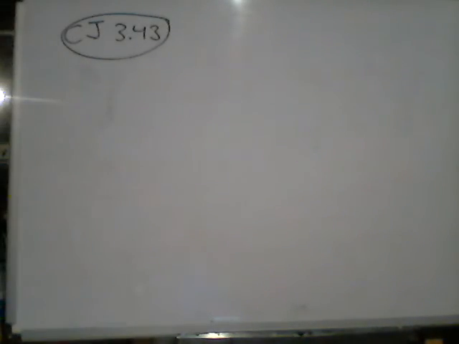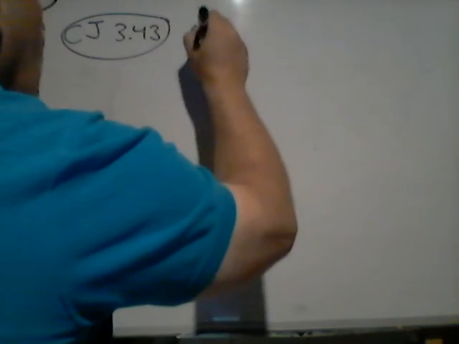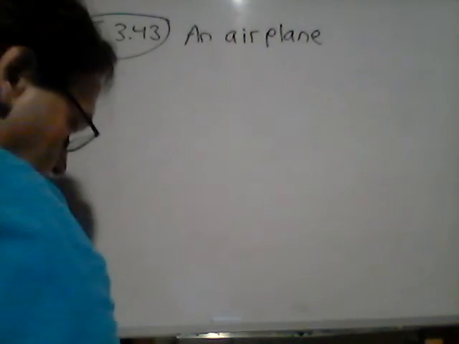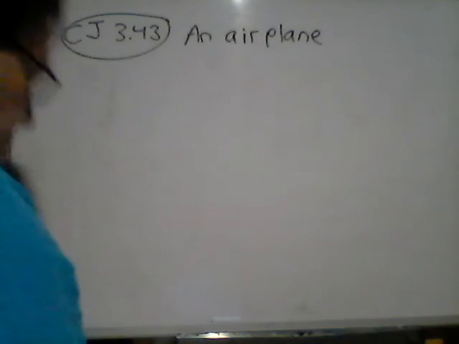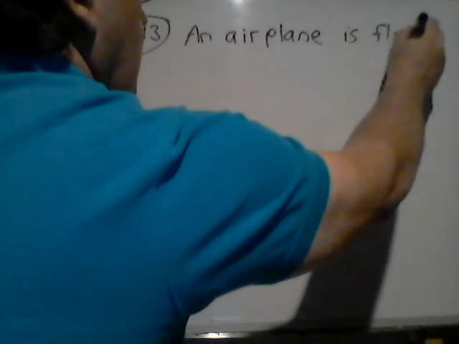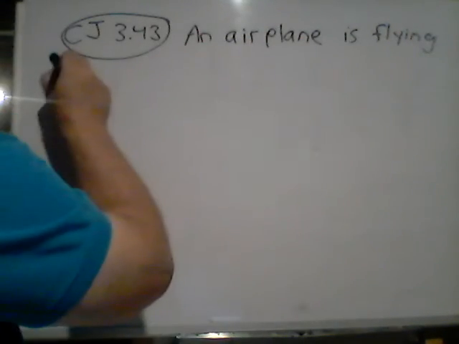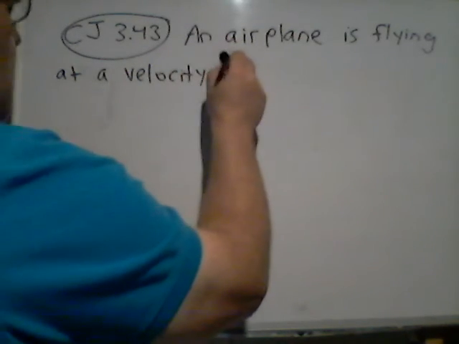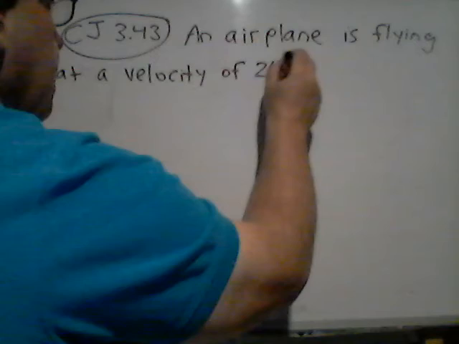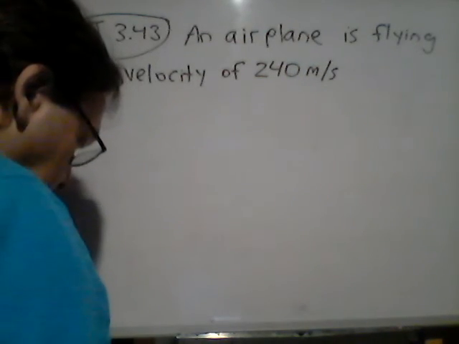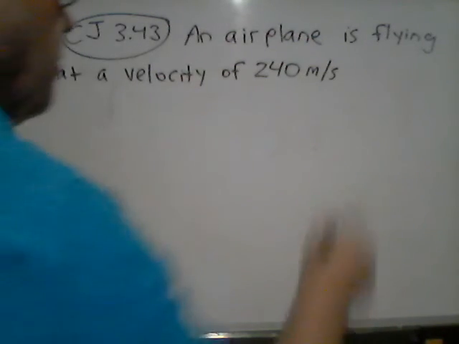That one says an airplane is flying with a velocity of 240 meters per second at an angle of 30 degrees with the horizontal.